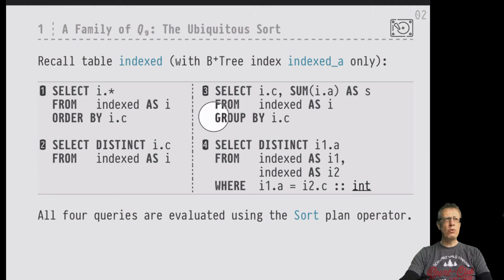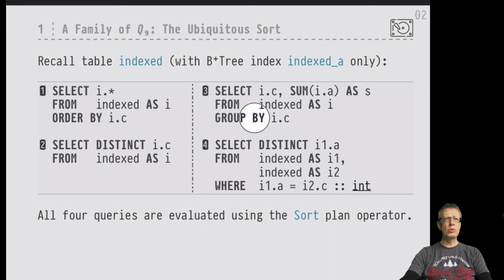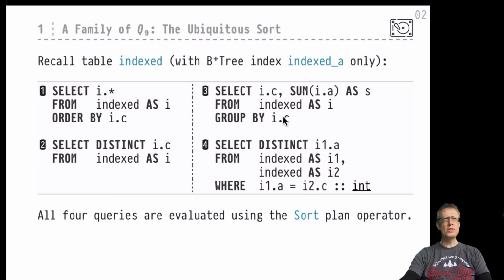Sorting can also play a role in the evaluation of group by. Again, we are interested in bringing together those rows of the index table that are indistinguishable regarding their C values. If all the C values are the same, then we have found the rows that belong to one group regarding the C column.